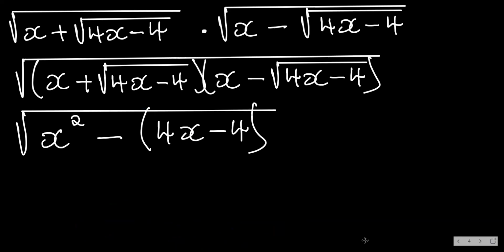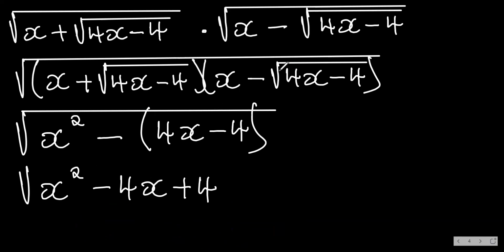Step by step. And then what do we say? Well, now we can see that we just need to expand this. So we get x squared minus 4x plus 4 inside of the square root.